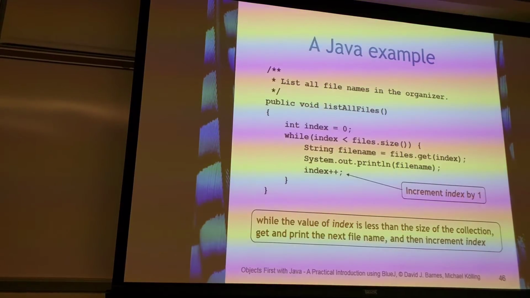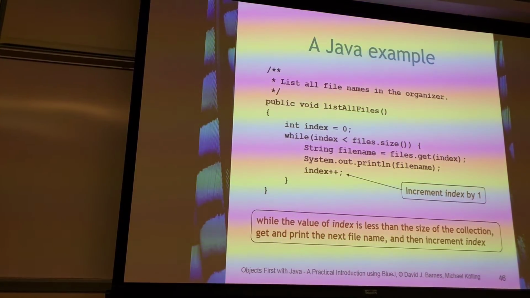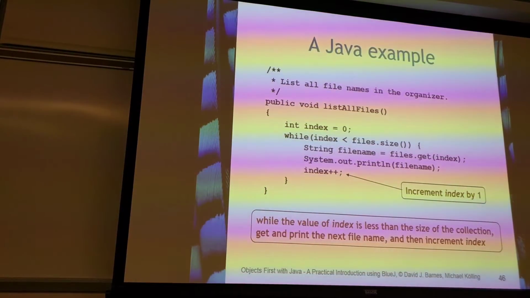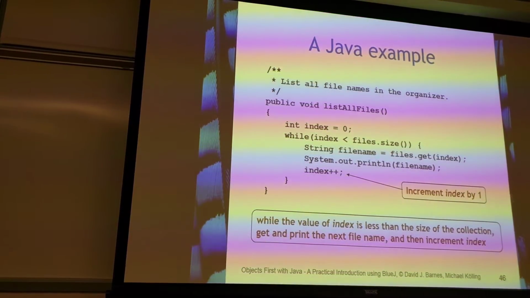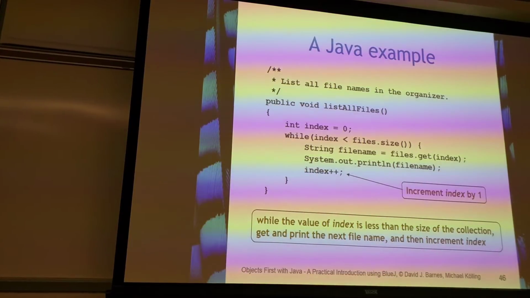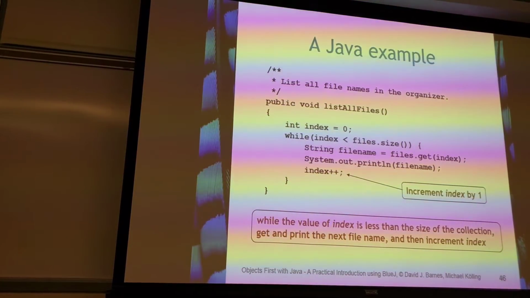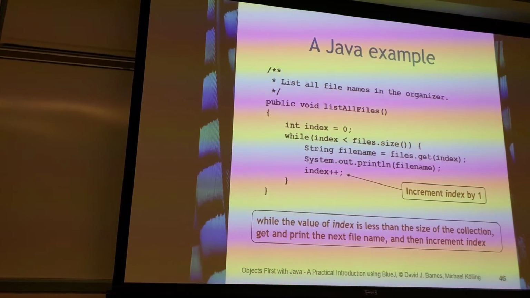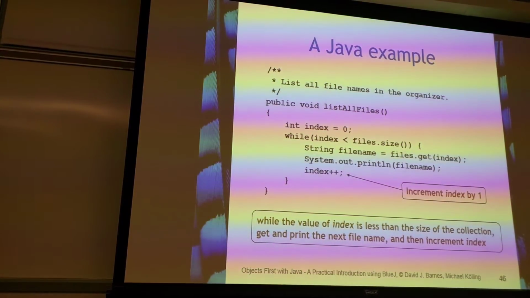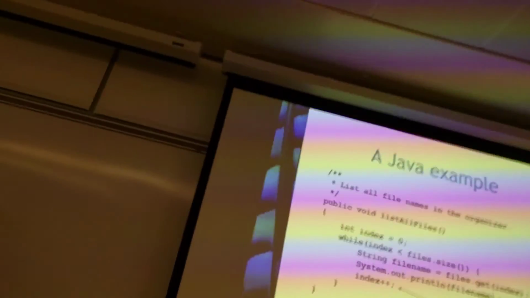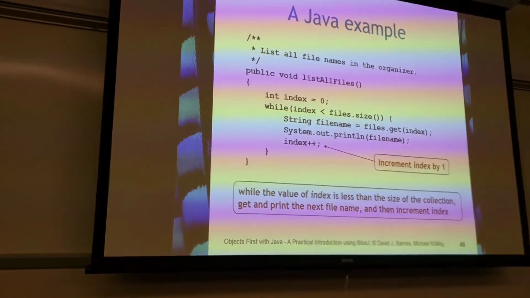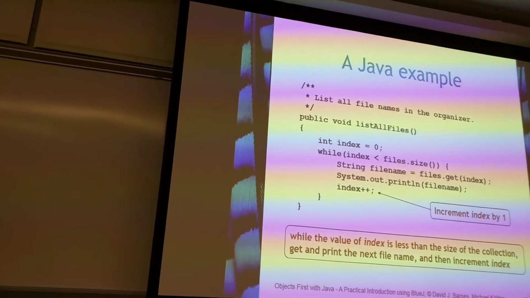Okay. So here is list all files. This is in our music program. Remember we had the music database, or whatever it was called, the music organizer. So we list all the files. We start with an index of 0, and remember we had a list. I think it was an array list that we were using.